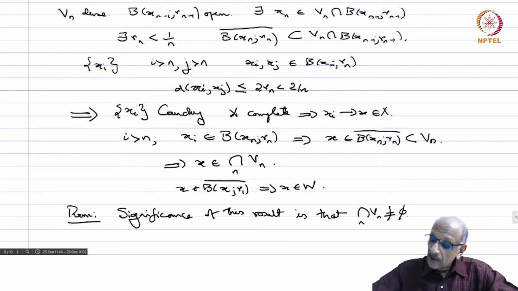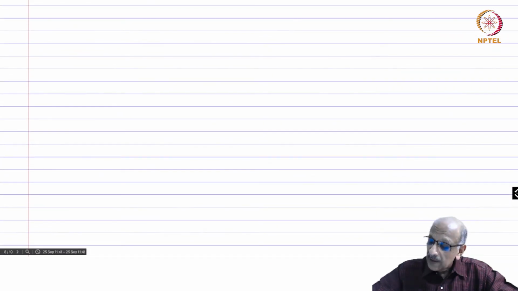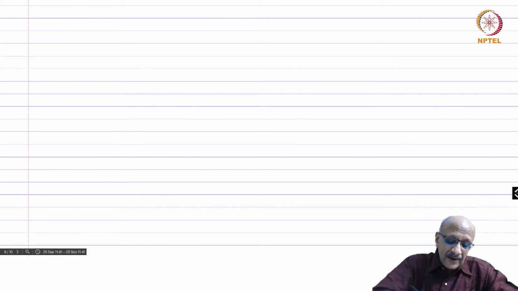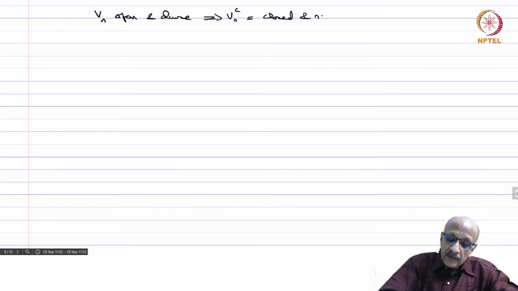Okay, and also you can state this theorem in a slightly different way. If you have V_n open dense, then V_n complement is closed and nowhere dense.